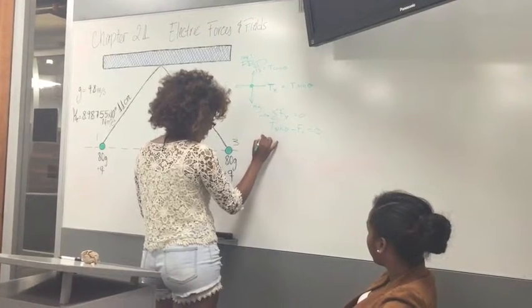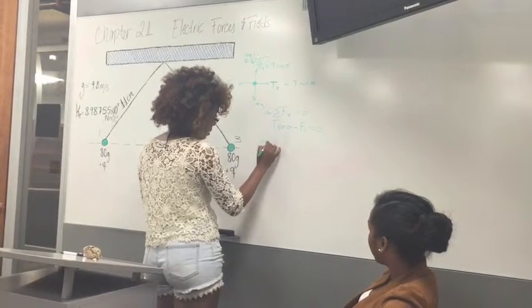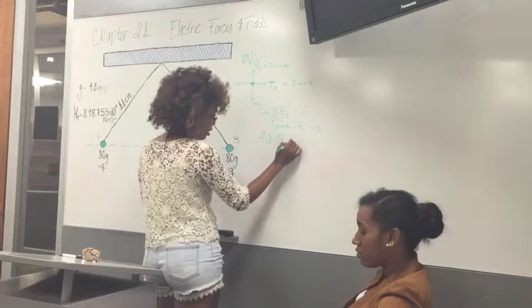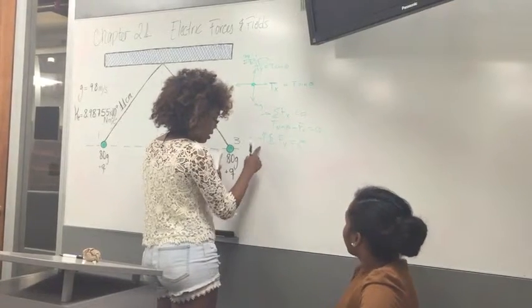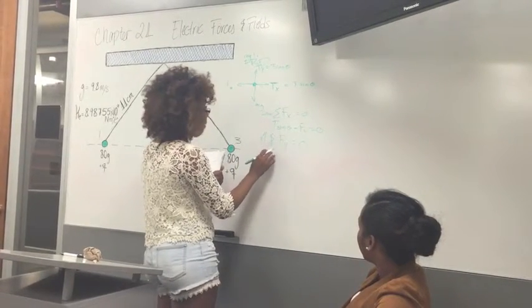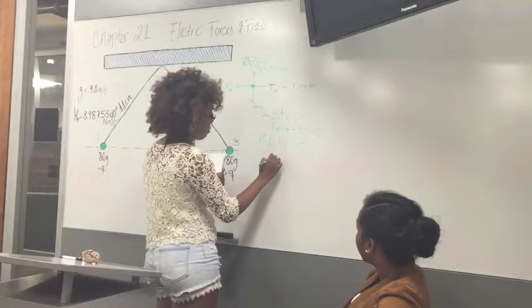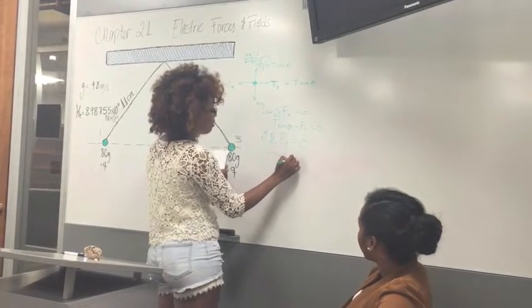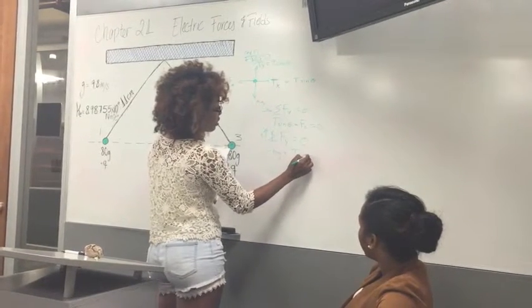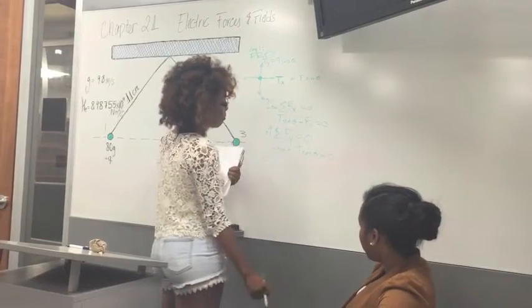For our sign convention for the sum of all forces in the y direction, it's going to be 0, and up is going to be positive. So then that would be negative mg plus T cosine theta is equal to 0.